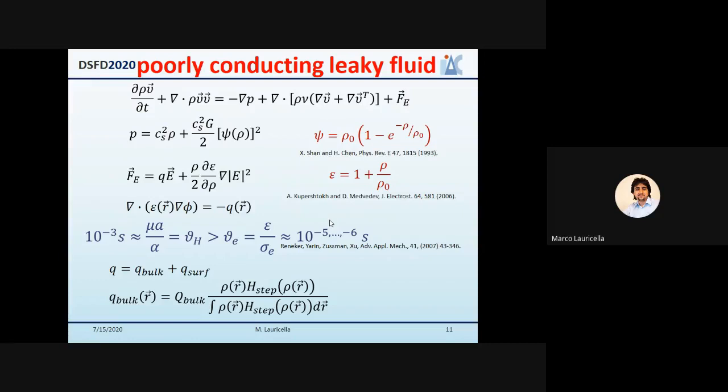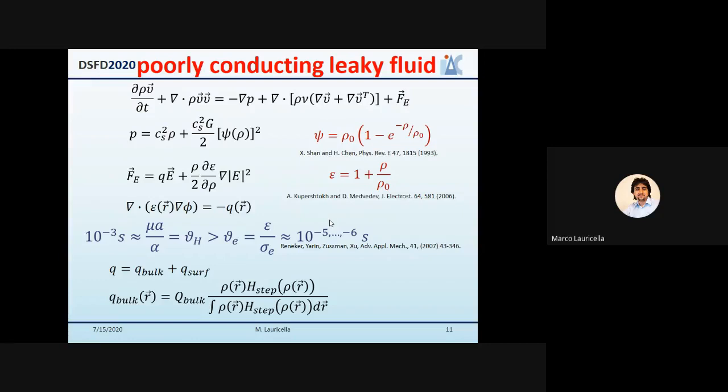And if we compare this with the characteristic hydrodynamic time, here computed as the product of the dynamic viscosity times the radius and divided by the surface tension, and considering that in this context usually the viscosity is high, around 1 Pascal seconds, we can obtain a characteristic time of tenths of milliseconds.